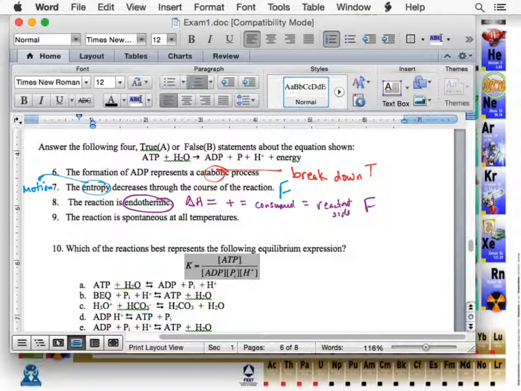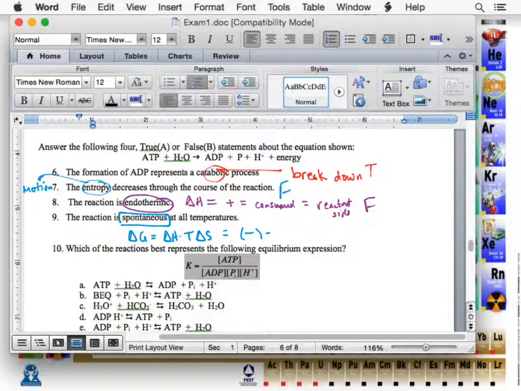That statement is false. Spontaneous at all temperatures. Spontaneous is a question about Gibbs free energy. Delta G equals delta H minus T delta S. Delta H for this reaction was negative. Temperature for this reaction is, why'd you say positive?